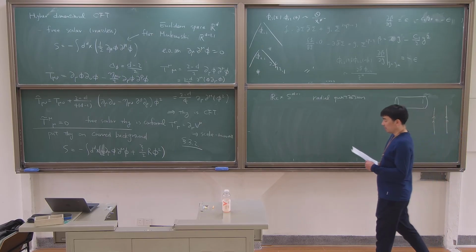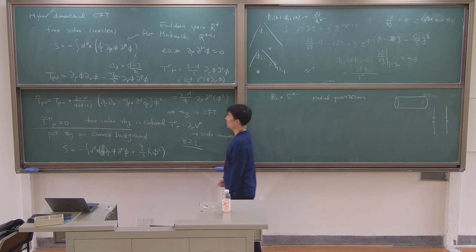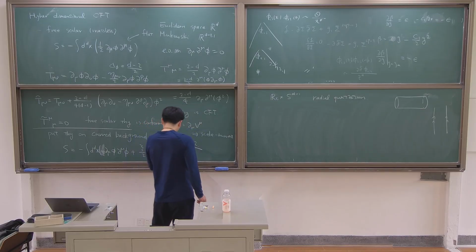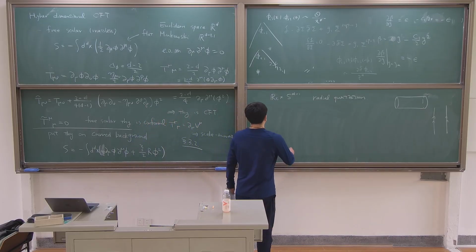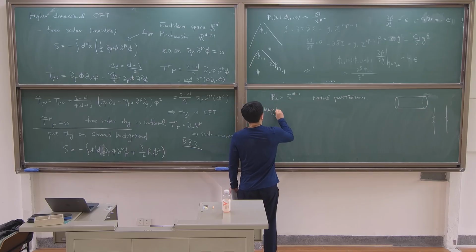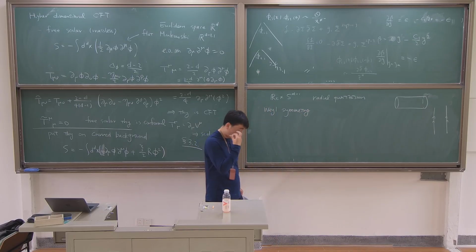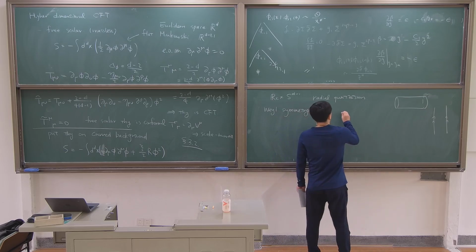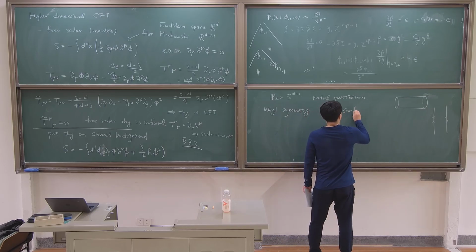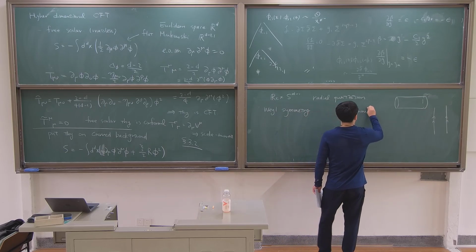And then for this theory, one can consider Weyl symmetry. Weyl symmetry and conformal symmetry are very misleading. Many literature make a mistake.